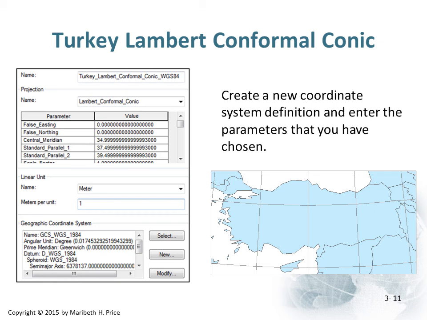As you expand out to the rest of the Mediterranean, Asia Minor, Eastern Europe, yes, those distortions that we talk about associated with conformal projections would become more pronounced. But within Turkey, it would be very minimal.